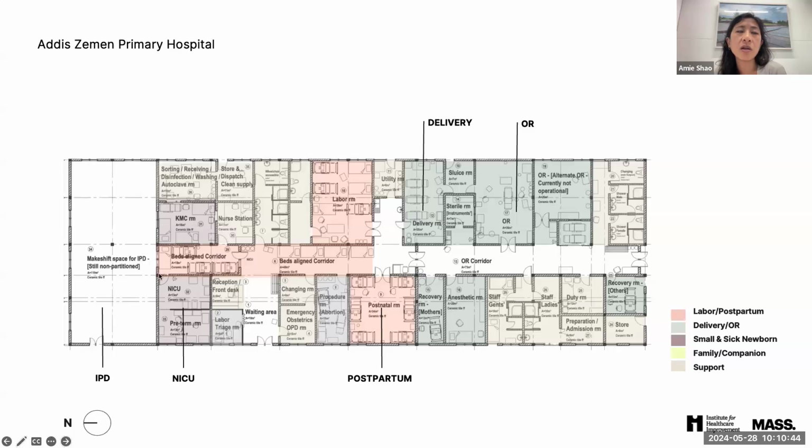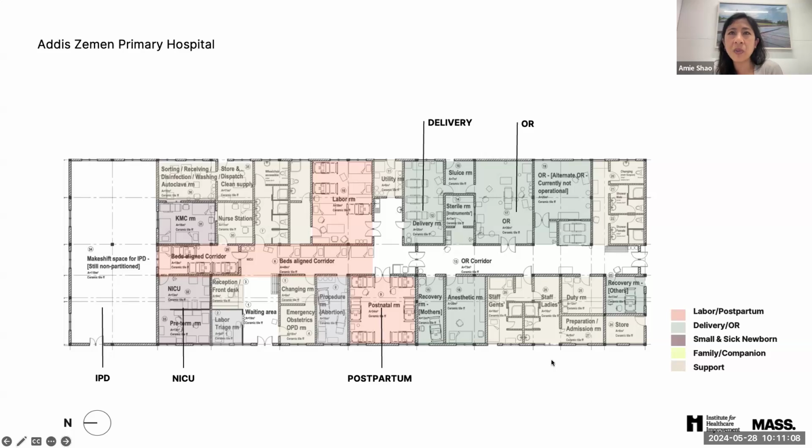A small newborn unit here in KMC, and then over here was a makeshift space with a men's ward in it. So as you can imagine, this is a very crowded space, many different functions, very tangled, not ideal in terms of airflow or privacy or anything really, and not ideal to be near this men's ward either.